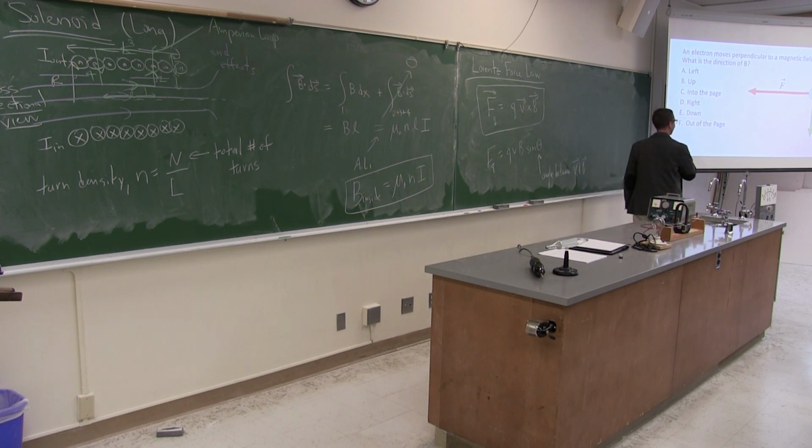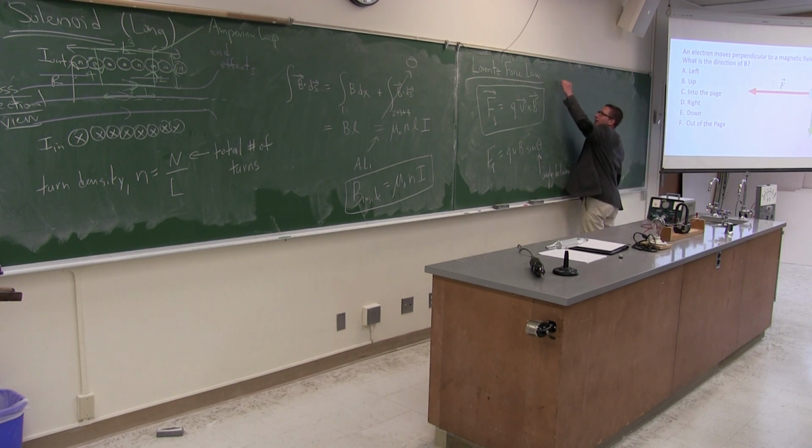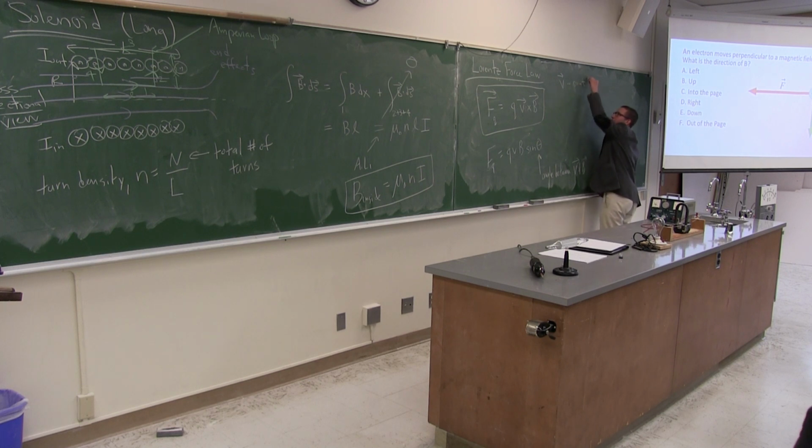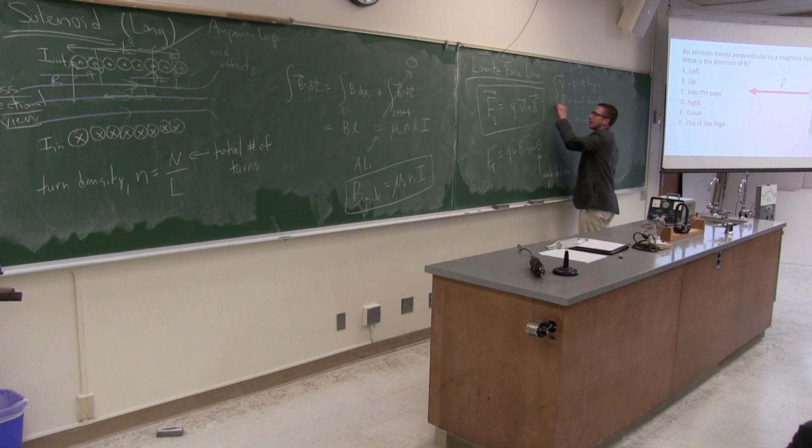The one that I just described here is: V is you point your fingers, and then you curl towards B, and then F is your thumb. Okay, so this is the right-hand rule.